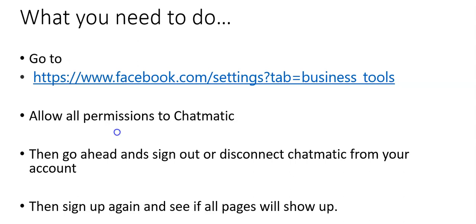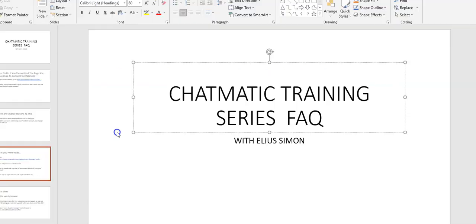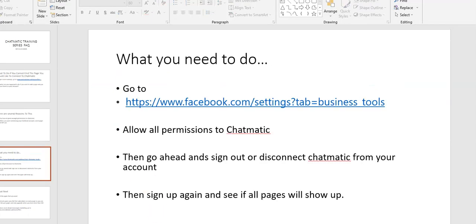After going there, you need to allow all permissions to Chatmatic. Then sign out or disconnect Chatmatic from your account, then sign up again and see if all pages show up.